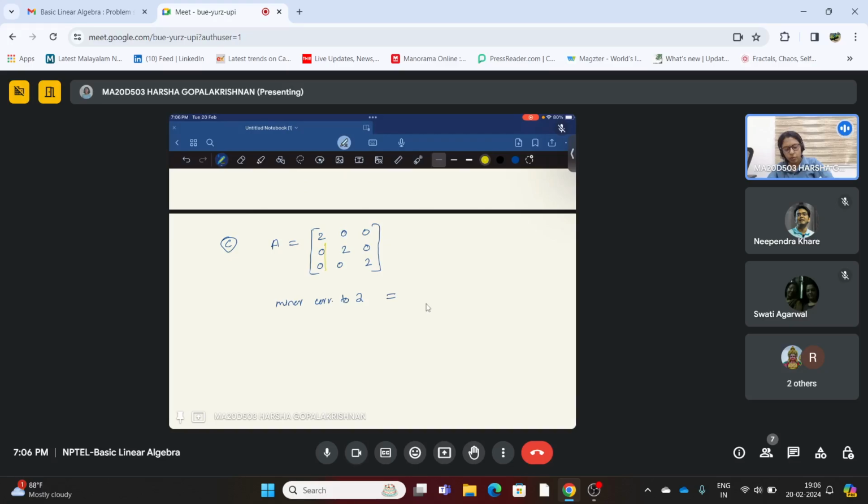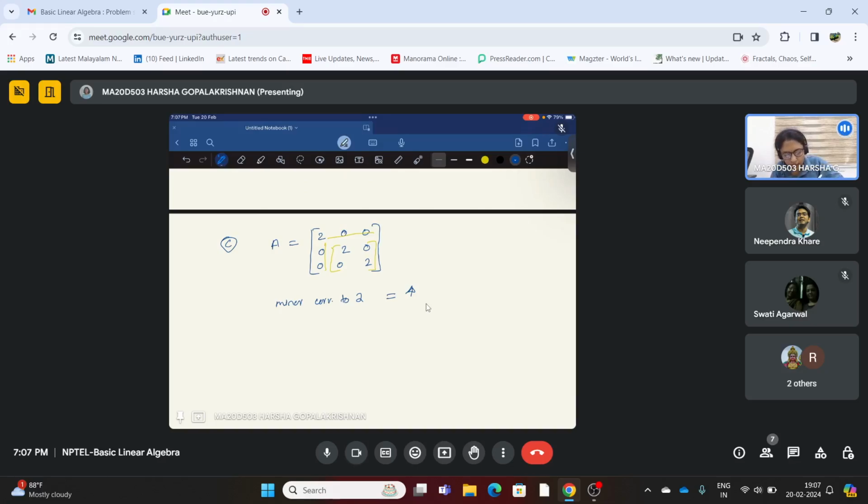Here we will remove this row and this column, and find the determinant of the remaining matrix. That is the minor corresponding to 2. The determinant of this matrix is 4. Minor corresponding to 2 is 4.